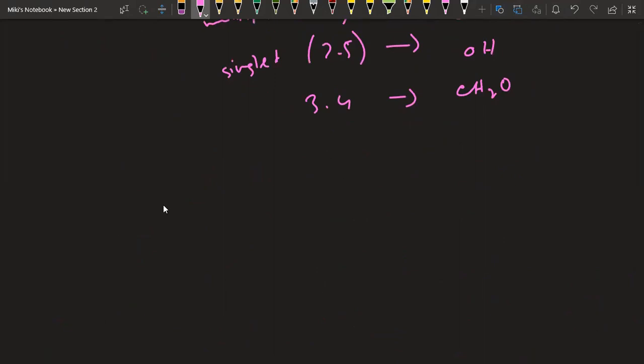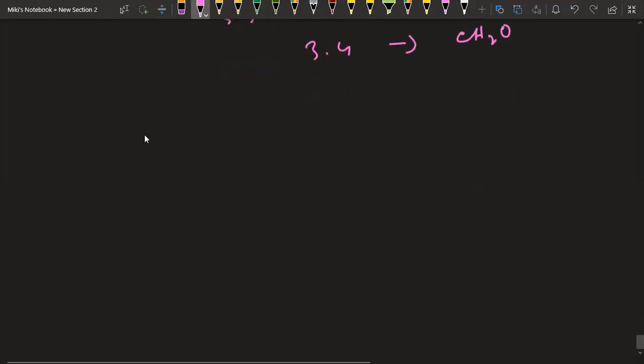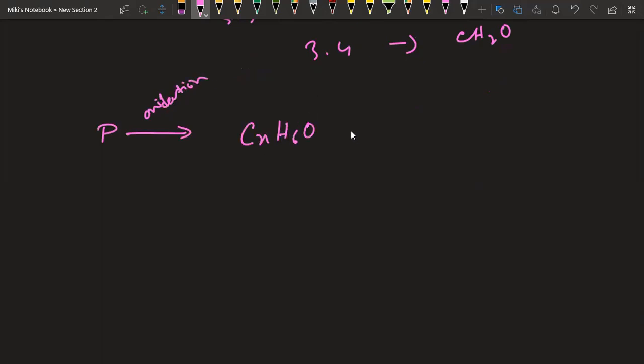Now, let's move on to the next example. Let's say we have a molecule P here. When it is oxidized, this is oxidation, we get some molecule of CxH6O. Finally, we get some molecule M. Now, it's given this P is an alcohol.